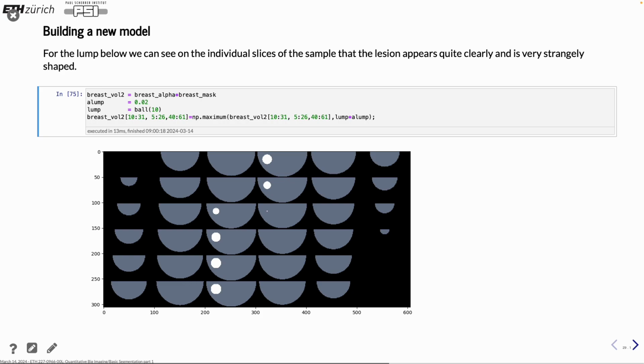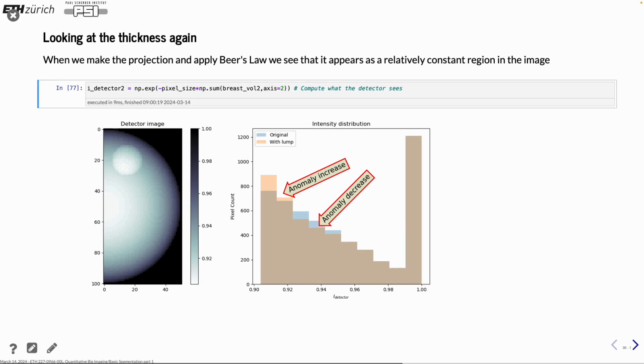So let's include this little lump here. I added a little extra sphere. You can see it on all the slices in the volume. And this one we can also visualize and see what happens. First, we see the detector image in the radiograph, but there is actually something.